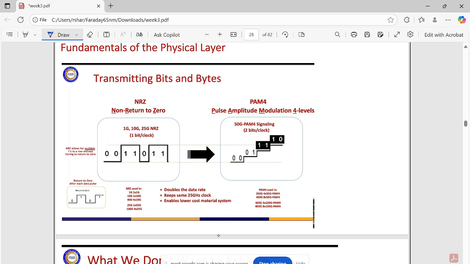It should be able to transmit zeros and ones, a sequence of zeros and ones. And most commonly we use the standard LAN cable, the RJ45 cable, which contains copper conductors inside, and there is a certain speed at which we can send the bits, the zeros and ones.